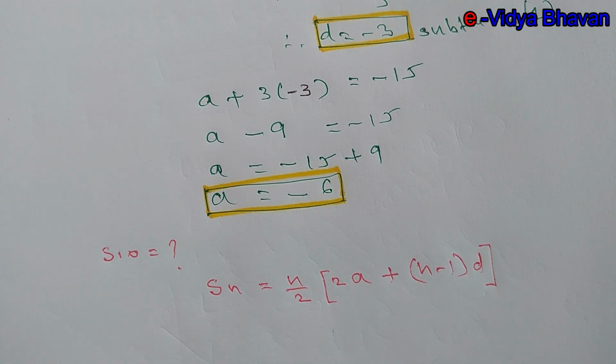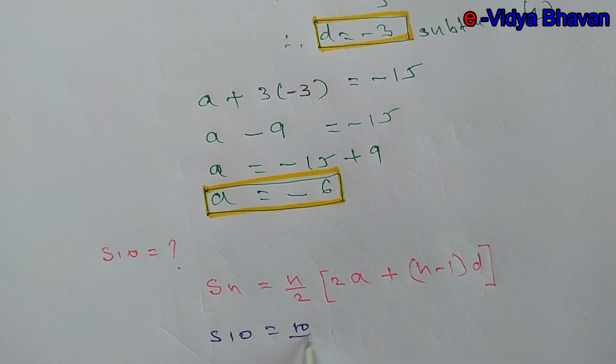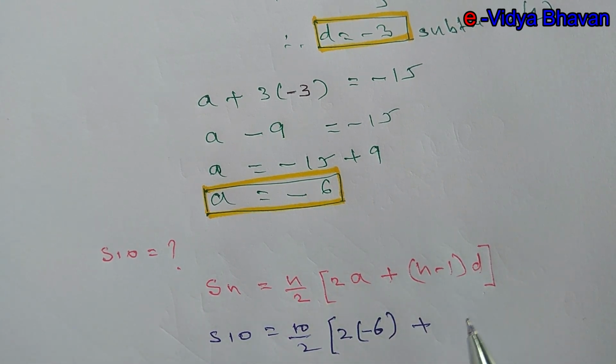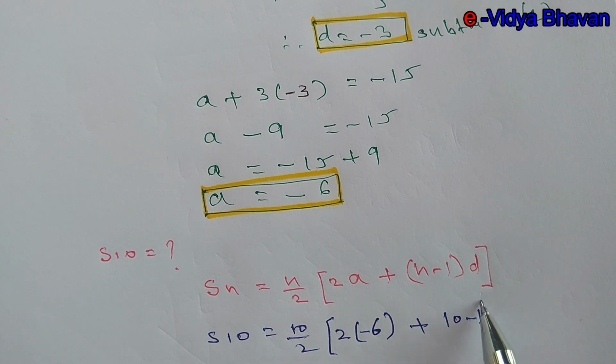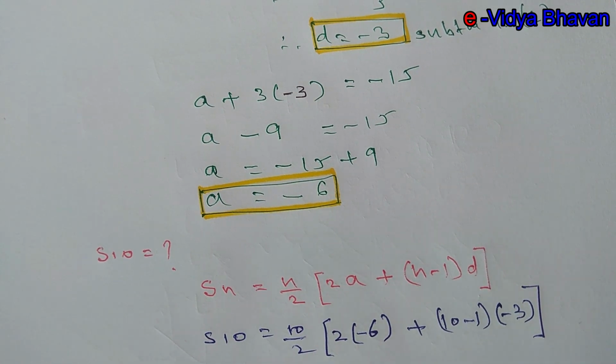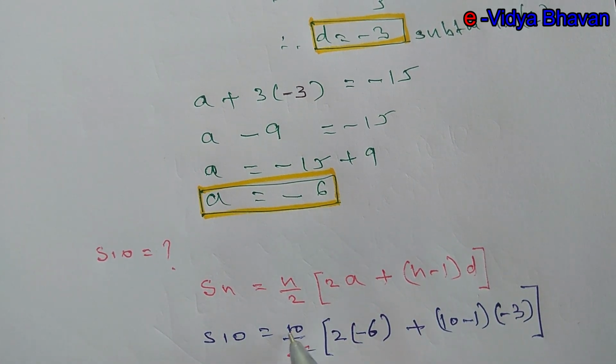Let us substitute the value for S10. It means that n we have to take 10. So here it will come 10 upon 2 into 2 into a, which is minus 6, plus n minus 1, that is 10 minus 1, and d will be minus 3. So here it will get cancelled, 2 one's are 2, 2 fives are 10.